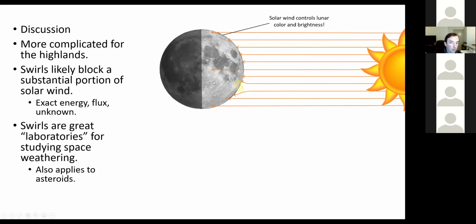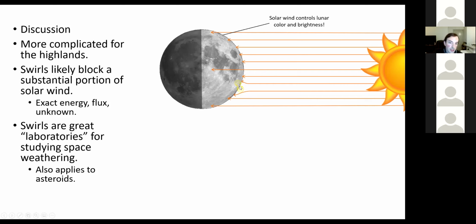Now, we don't know how much solar wind is being blocked. Here, we can do the math. It's like a cosine function; eventually here it's 0, and here it's 1. It's the exact amount. But we can't really know what's going on in swirls yet. We still don't know the energy of the particles hitting the surface.